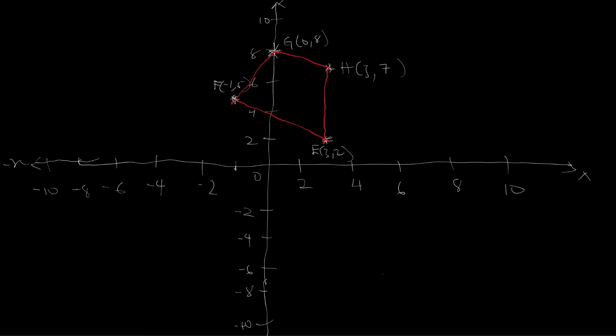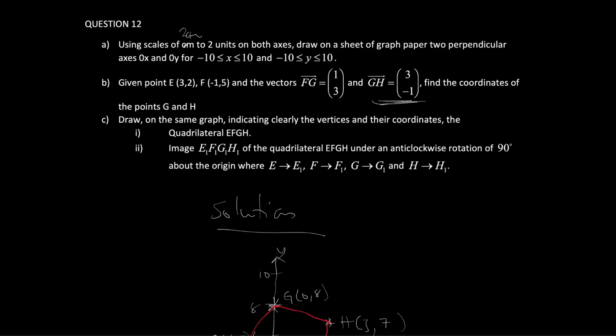Now moving on to the next question. C(iii): image E1, F1, G1, H1 of the quadrilateral EFGH under an anti-clockwise rotation of 90 degrees about the origin, where E maps to E1, F maps to F1, G maps to G1, and H maps to H1.